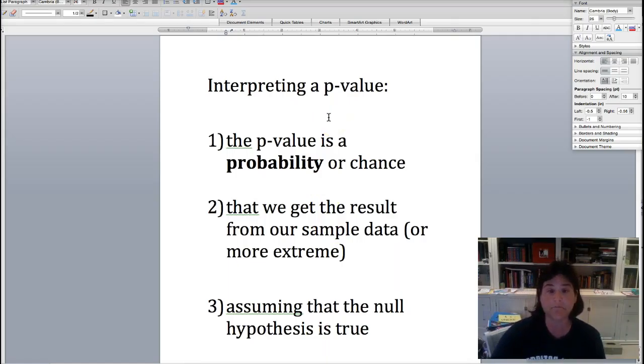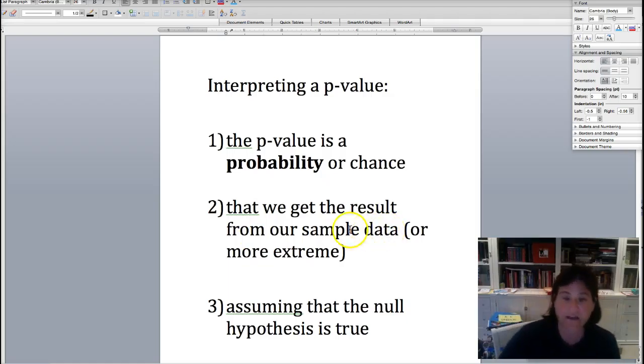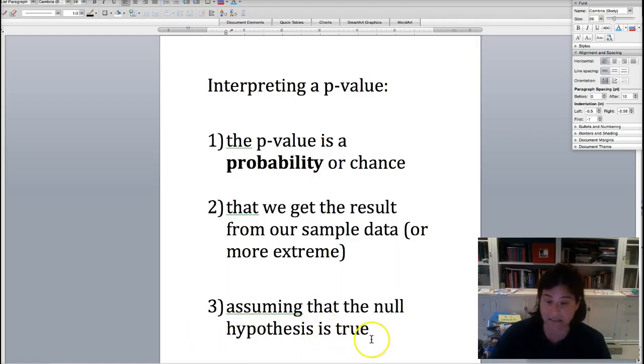Number one, the p-value is a probability. It's the chance. Well, what is it the chance of? It's the chance that we get the result from our sample data, whatever we get from the people we survey, that result or more extreme, where the p-value tells us the chance of getting that, assuming that the null hypothesis is true.